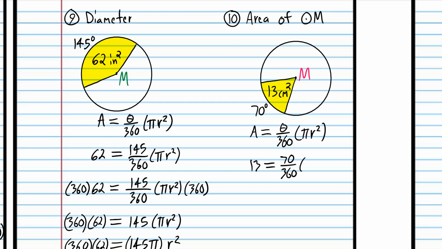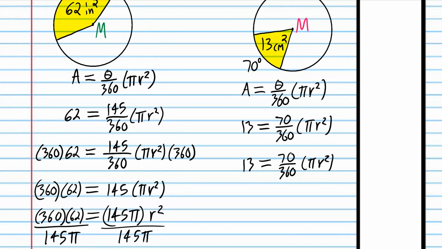So 70 over 360 times pi times r squared. Now we're looking for area of the circle, so we just need to isolate that. So we're going to multiply both sides by 360. I'm going to rewrite just so we can see what's going on. Again, you don't have to rewrite this, but I'm just doing it to make sure you guys know exactly what's going on here.